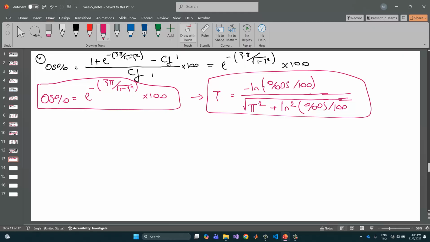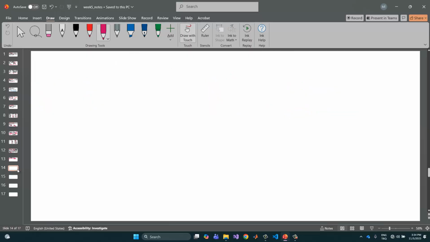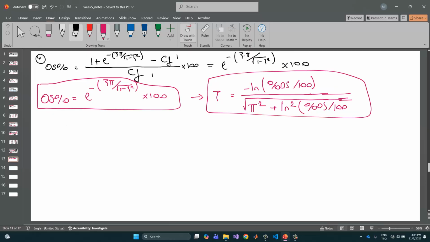So, what about this one? Evaluation of Ts, or settling time, right?